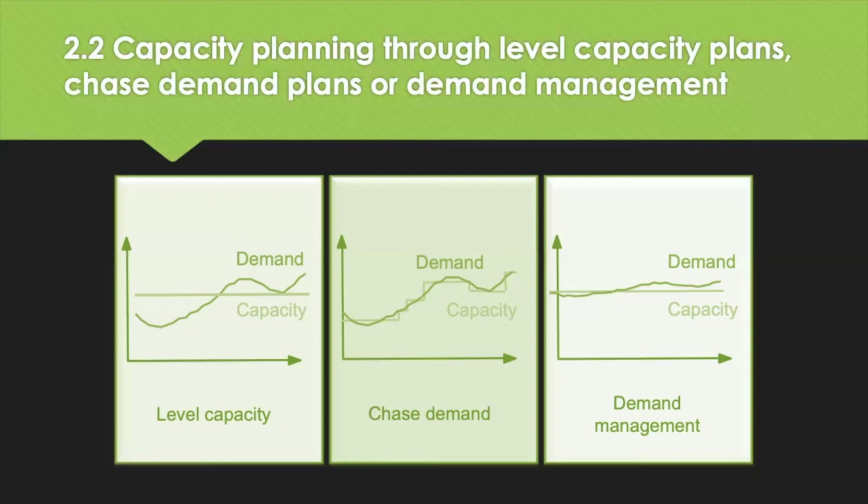In order to chase demand, the business needs to be able to hire and fire employees, alter the production capacity to decrease hours or add additional shifts, and subcontract production and storage to a third party, or use additional inventory to absorb fluctuations.